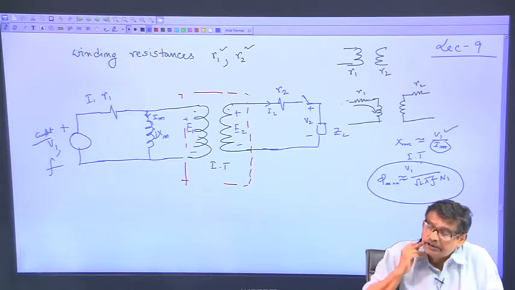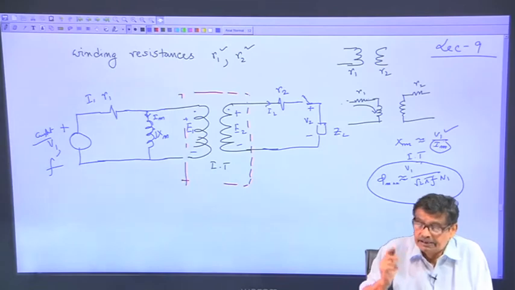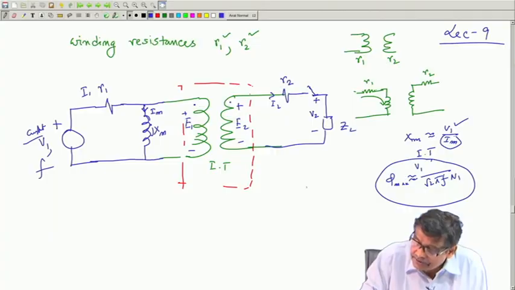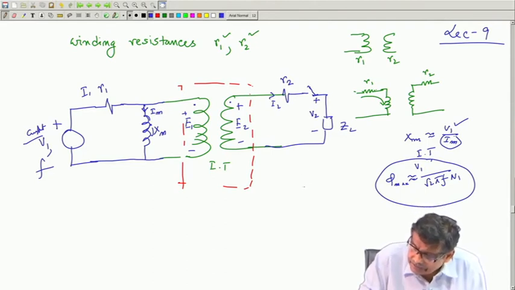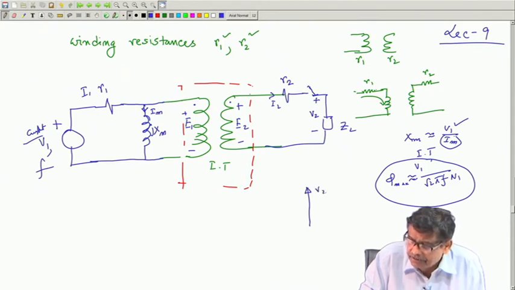Suppose I draw it like this. It will be slightly clumsy, but let it be, and follow my argument. You draw V 2 first, whatever it will be.